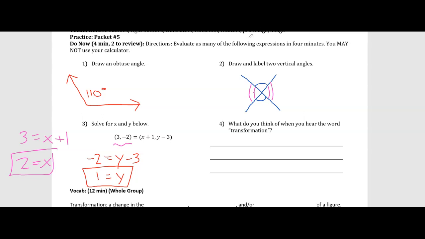All right, number 4. There could have been a lot of answers for this. You may have talked about different types of transformations in a middle school geometry class, or maybe even your algebra class. You may have thought transformations of shapes, right? Maybe you thought of a rotation or a reflection or a translation. Those are the 3 big ones that we usually learn first.